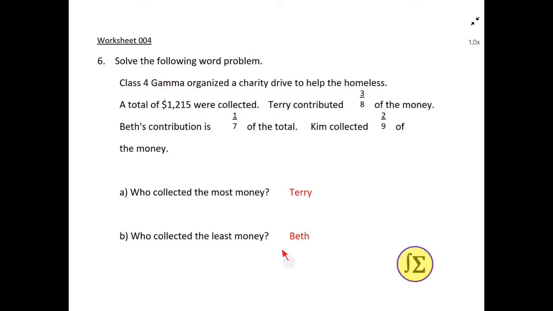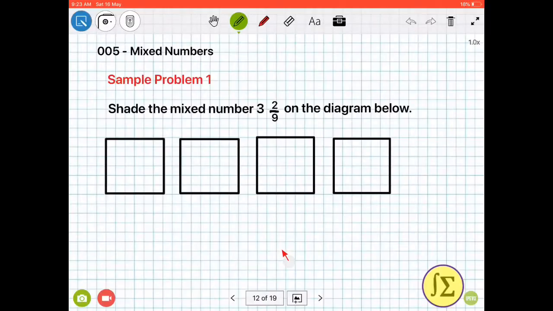Okay, let us look at some sample problems so that we have a better understanding of a mixed number. Okay, sample problem number 1. Shade the mixed number 3 2 over 9 on the diagram below.